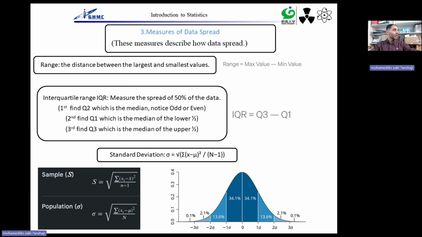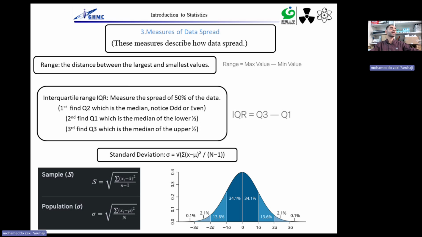Now, the interquartile range, IQR, can measure the middle 50% of this data. To do the IQR, first we need to find our Q2. My Q2 is the median.